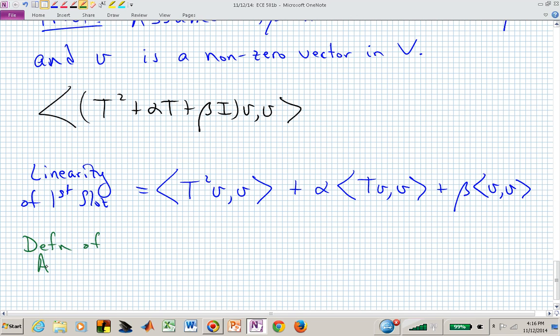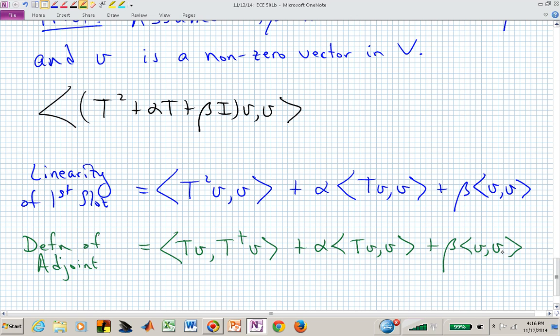Here we're going to simply apply the definition of our adjoint. So that now we're left with tv in the first slot, and t we're moving over into the second slot. That now gives us t adjoint v plus alpha tv with v plus beta v with v.